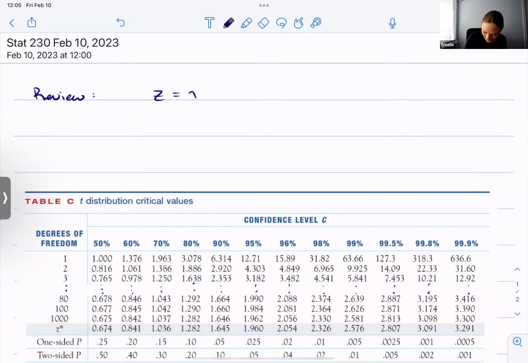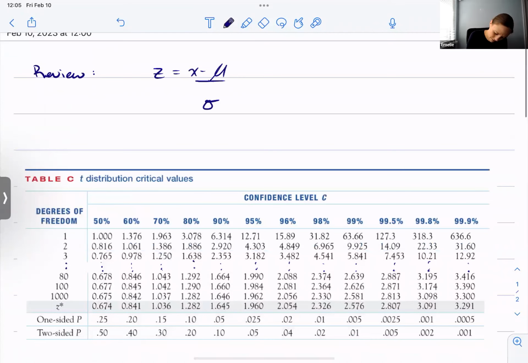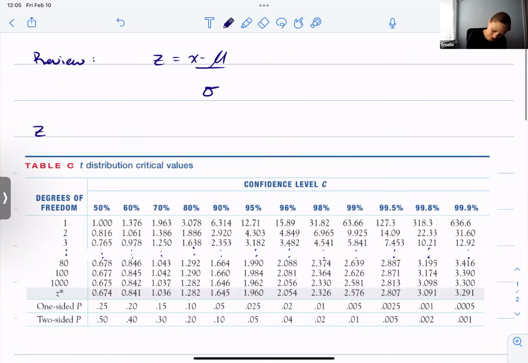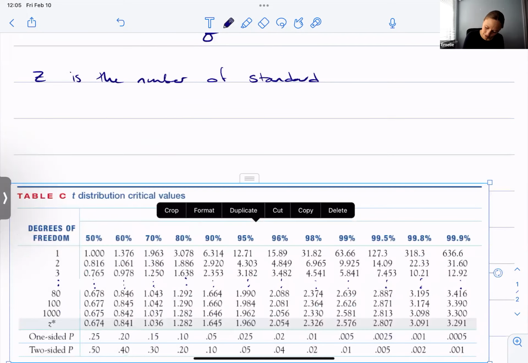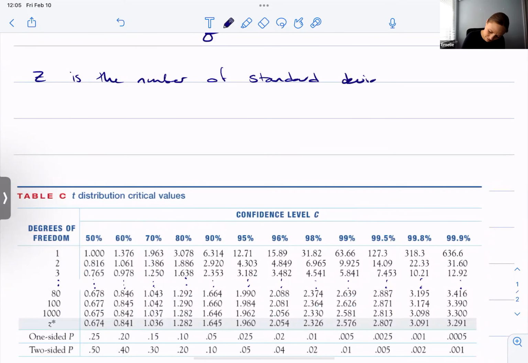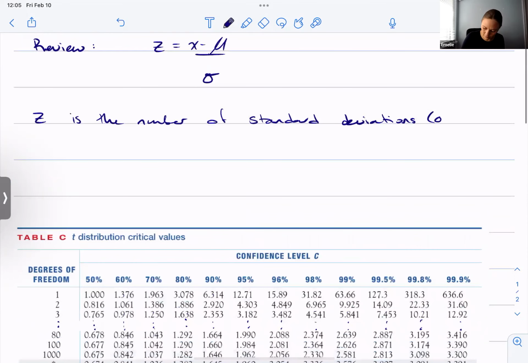Right, so z is x minus mu over sigma. Okay, z is the number of standard deviations. Standard deviations are denoted by sigma, lowercase sigma.